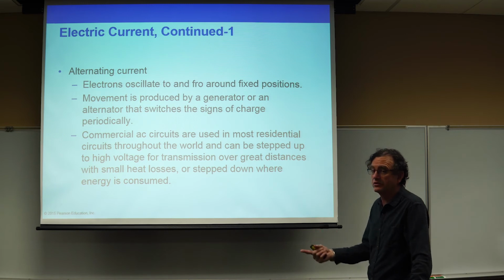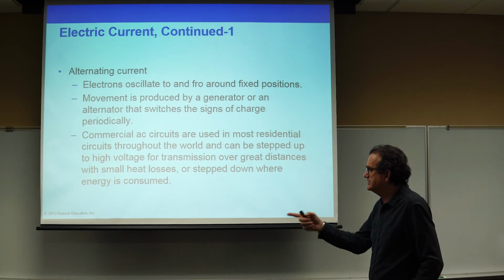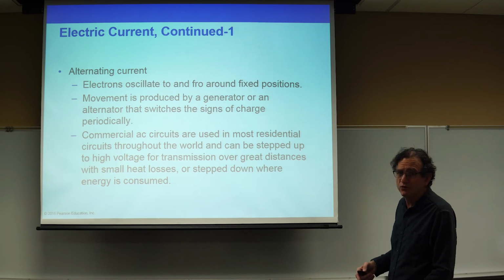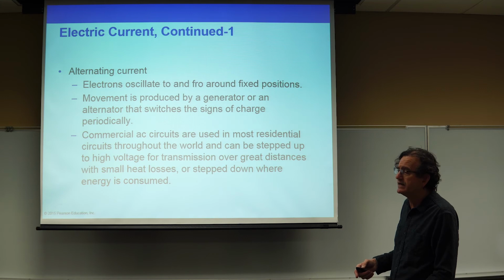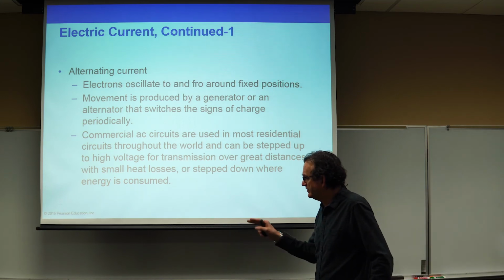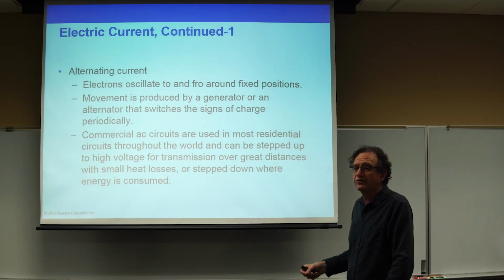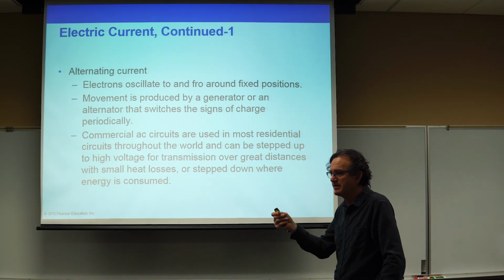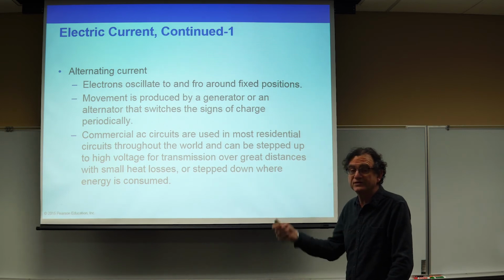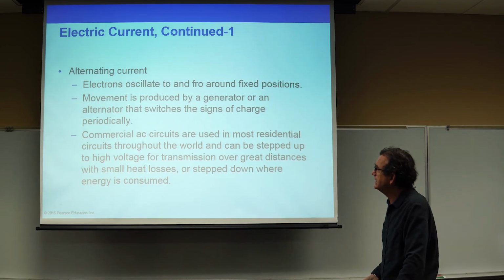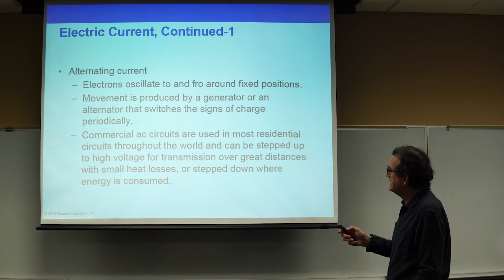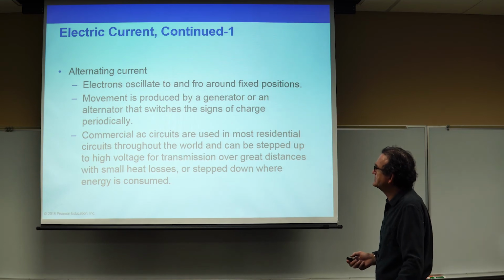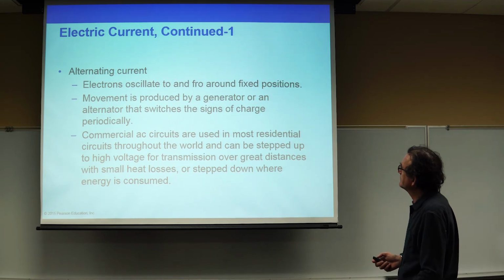If we look at wall power, all of the plugs in the wall that we use in the home and in the office provide an alternating voltage of 120 volts, which means that there will be one conductor out of the two coming out of the wall which varies in voltage from minus 120 volts to positive 120 and back to negative 120, and they do that 60 times per second. So the frequency of our electric current delivered from the electrical power plant is 60 oscillations per second from max to min.